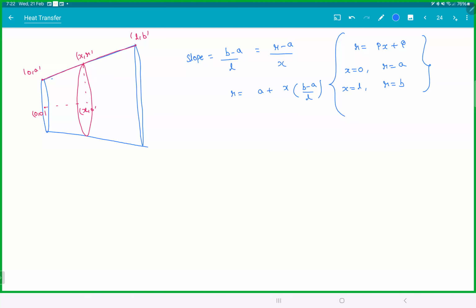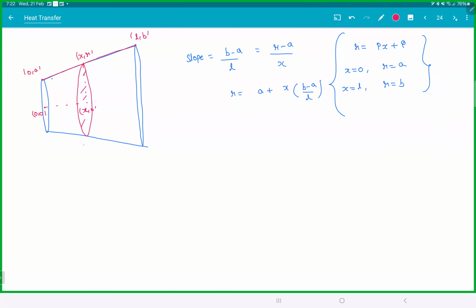There's a third way also: extend the line, make this angle theta. You're basically finding the slope indirectly. Clear? Now what?